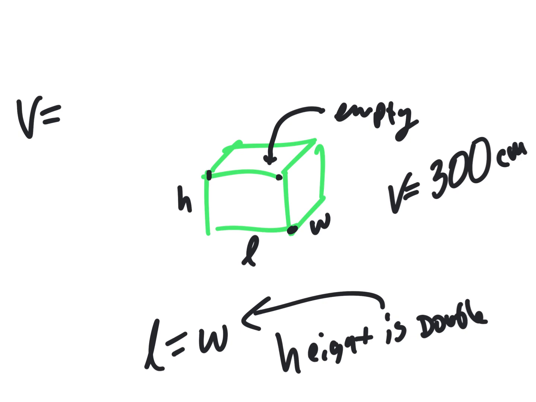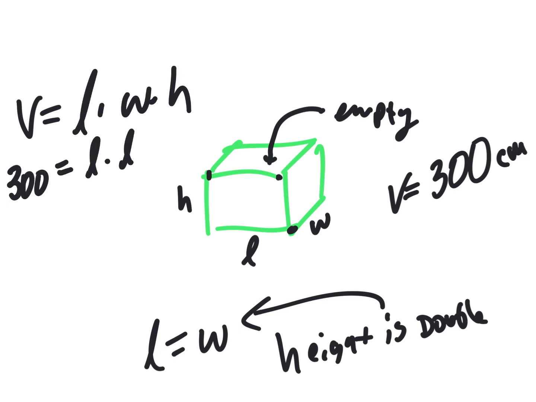Okay, would you agree that the volume is length times width times height? All right, so remember, you always start with that. Next, you put in what you know. We know the volume's 300. Well, do we know the length? No. Okay, but we know that the length is equal to the width, so I personally am going to call them both L because they're the same.